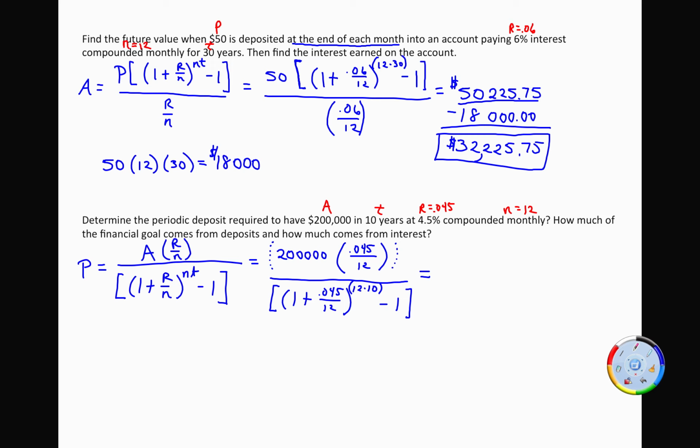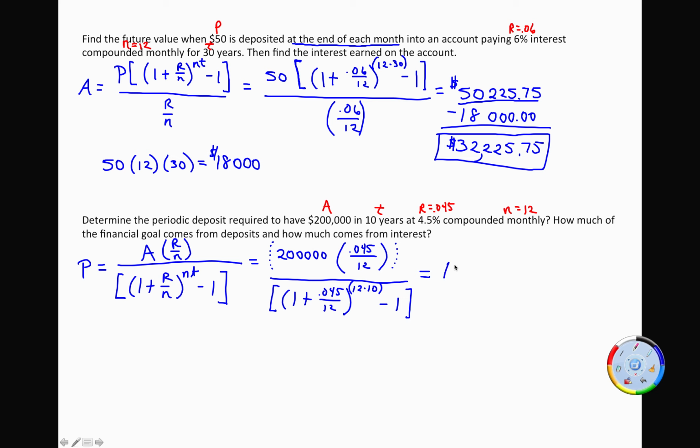200,000, open parenthesis, 0.045 divided by 12, close the parenthesis, divided by, now, open parenthesis, 1 plus 0.045 divided by 12, close parenthesis, to the open parenthesis, put 12 times 10 in it and close it, minus 1, close parenthesis, hit enter.